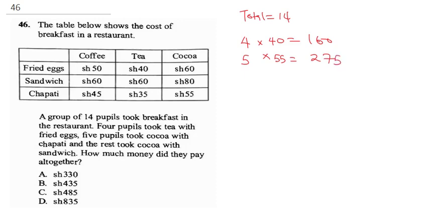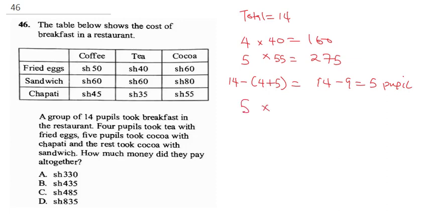Now they said the rest took cocoa with sandwich. Now if we want to get the rest, we will say 14 minus 4 plus 5, which will give us what? Now this will be 14 minus 9, which is 5 pupils. So the rest is 5 pupils. So 5 people took cocoa with sandwich.